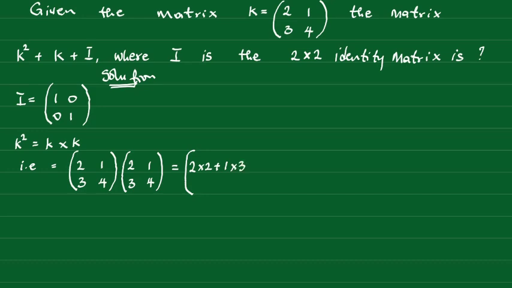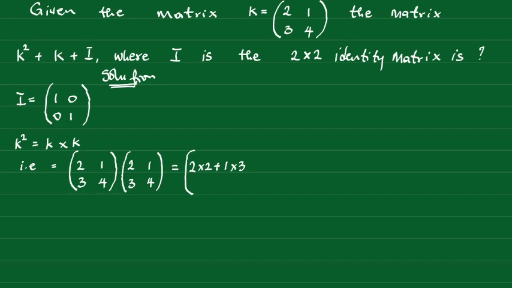That is 2 from row 1, column 1, multiplied by the 2 from row 1, column 1, then 1 from row 1, column 2, multiplied by 3 from row 2, column 1.